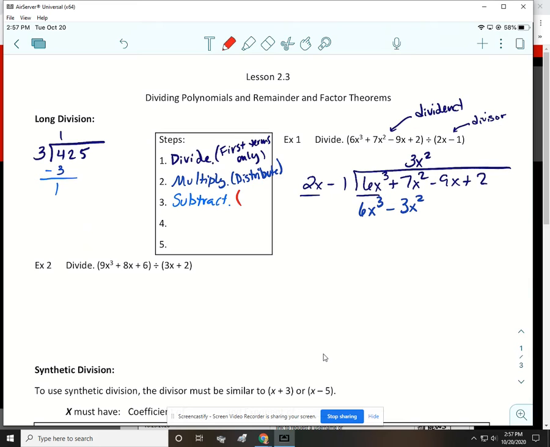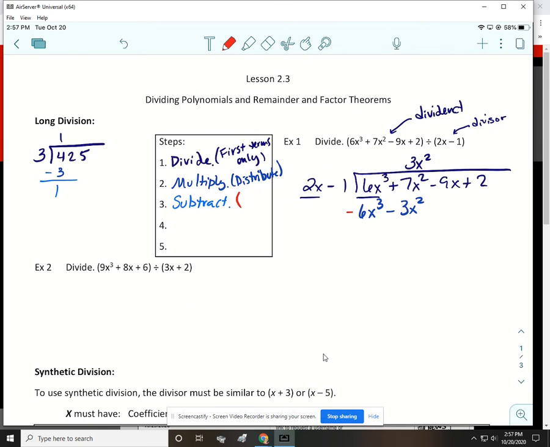So we have to subtract the 6x cubed, but we also have to subtract the negative 3x squared, so that would change it to positive. So I like to change both signs. And I usually circle them after I change the sign because otherwise you might forget that you did it, so I always circle it.